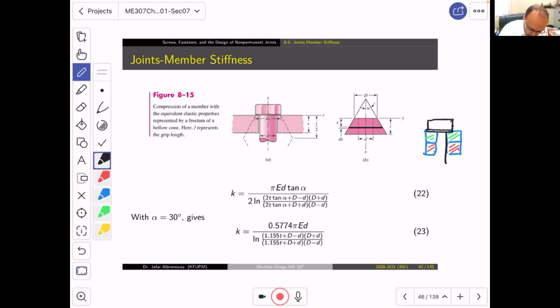The bolt goes here, the nut will go this way, and there is an extra two threads, as I told you. We're going to talk about this more later. Then we clamp them. This is a hexagonal nut. Now we clamp them, so this is under compression, and the bolt is under tension, as we explained.